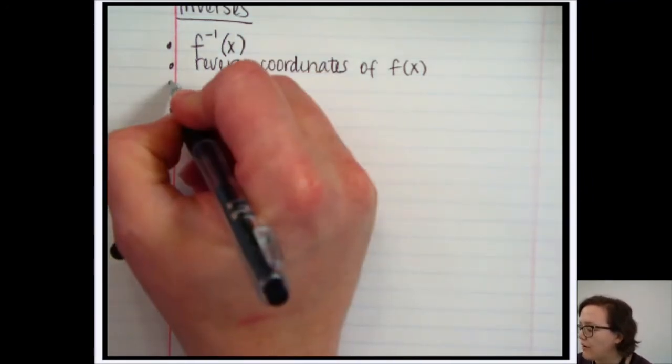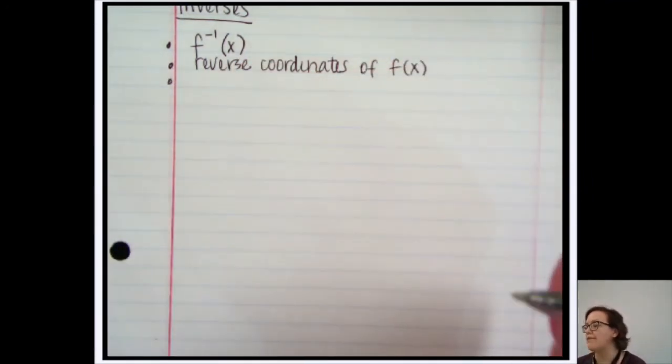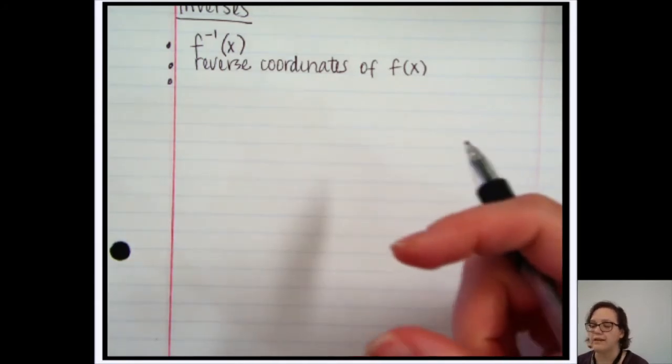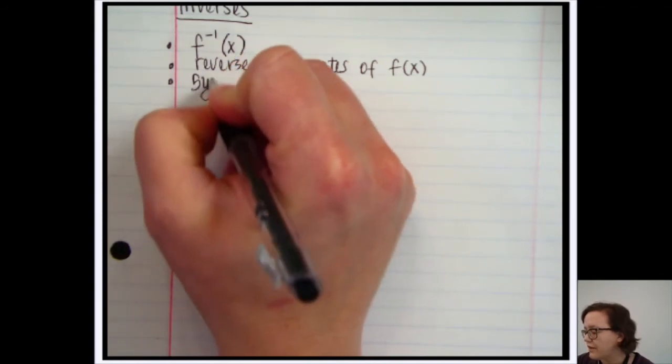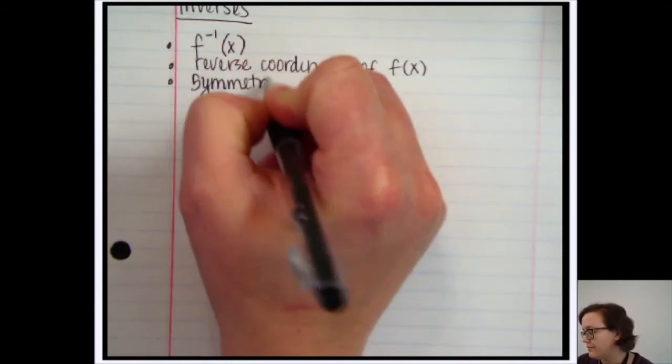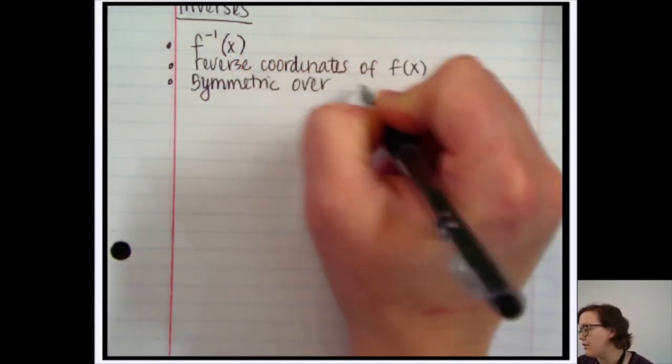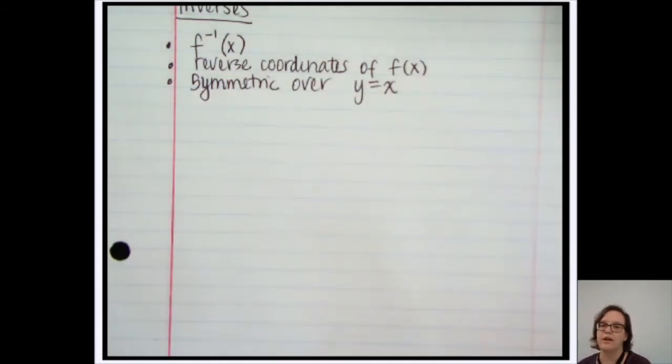Okay. Now graphically what happens when you graph the function and its inverse, it is symmetric over the line y equals x. Okay, so if we graph a function and its inverse on the same axis, they should fold at y equals x.